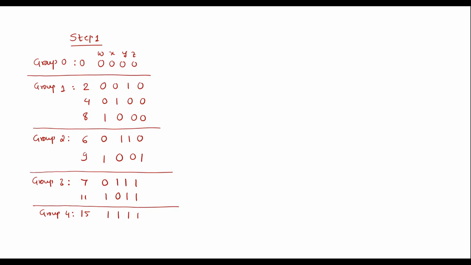So this is the first step in the Quine-McCluskey method. Now let me write step 2. In the Quine-McCluskey method, now we compare each number in group 0 with each number of group 1, and the numbers which differ by 1 bit, we write in step 2.